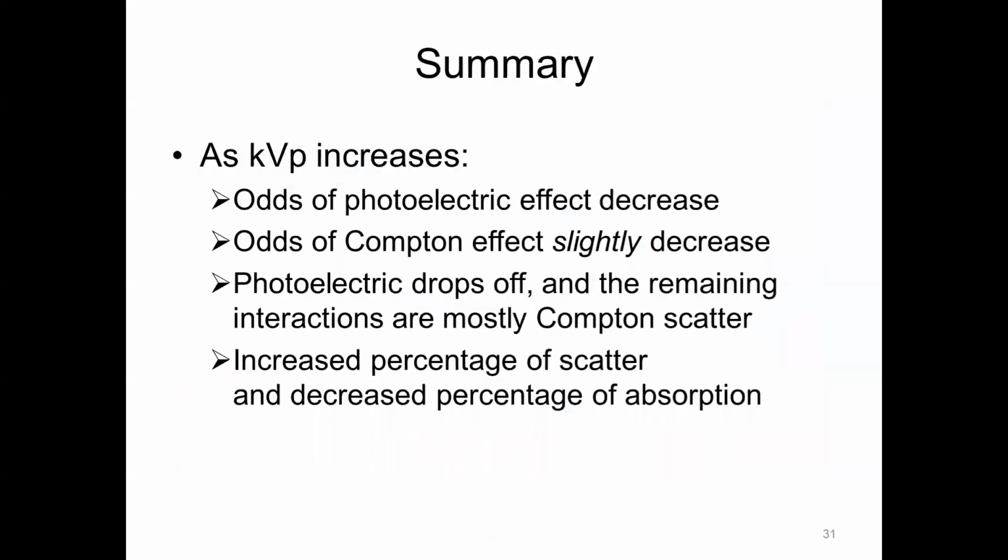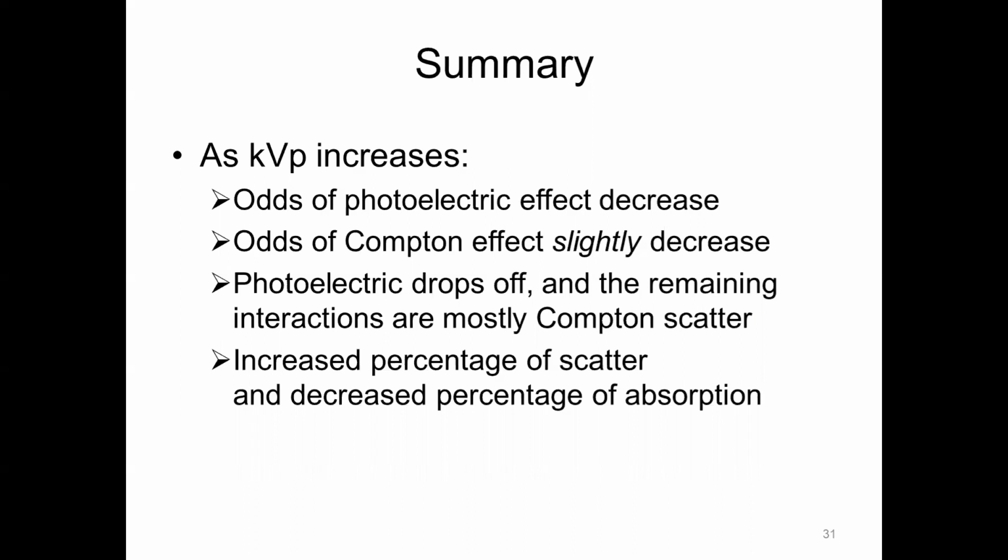Okay, let's finish things up. As we increase our kVp, what does that do to the probability of photoelectric absorption? It decreases it. More kVp, less absorption. If I increase my kVp, my odds of Compton interactions slightly decrease.